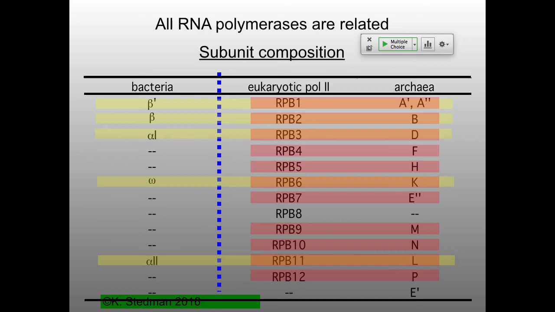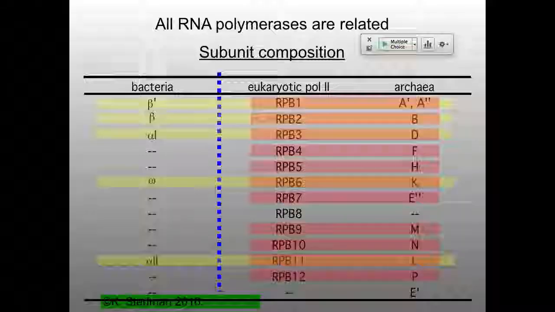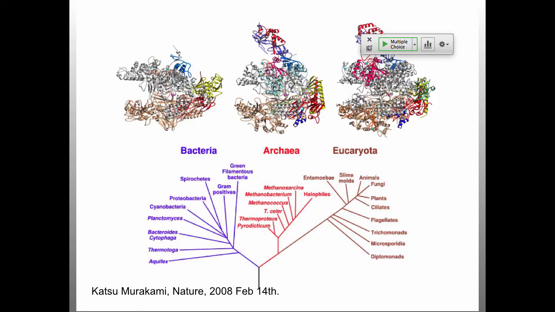And it's not terribly surprising then, if they've got really similar subunits, they actually also have extremely similar structures. And so these are high-resolution crystal structures of the bacterial polymerases, archaeal polymerases, and eukaryotic polymerases. When I say this, of course, bacterial, archaeal, and eukaryotic, that actually means this is from, I think, Thermus thermophilus, this one's from Sulfolobus solfataricus, and this one's from yeast.